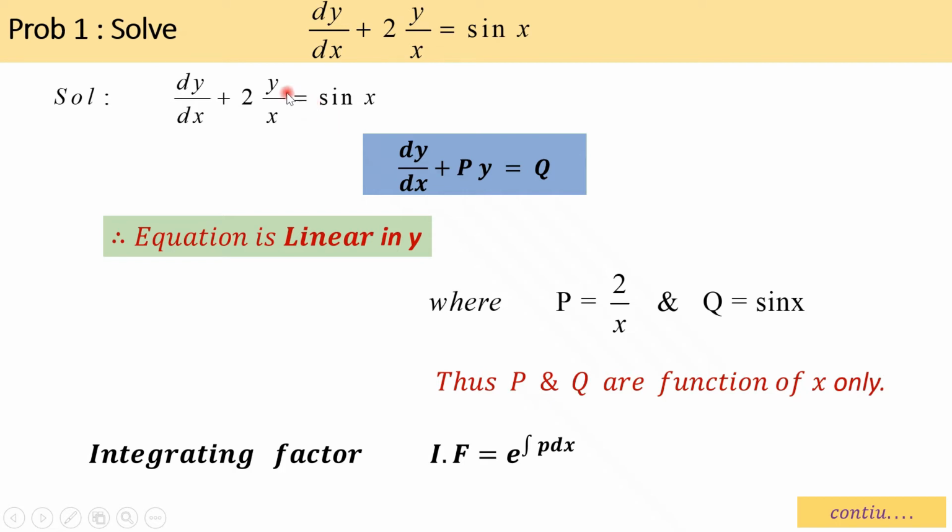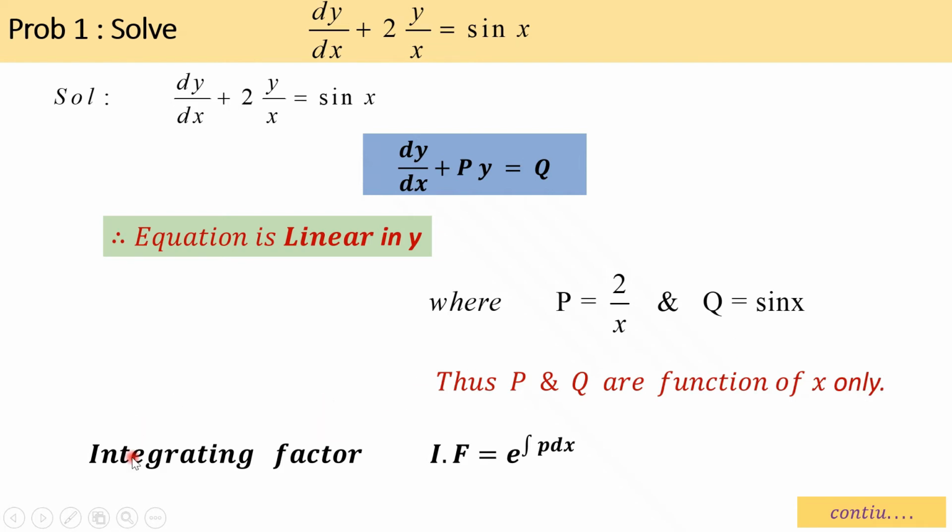And for the second term, the coefficient of y must be a function of x; that will be the value of p. The equation is linear in y, where the value of p is 2/x and the value of q is sin x. Here p and q are both functions of x only.